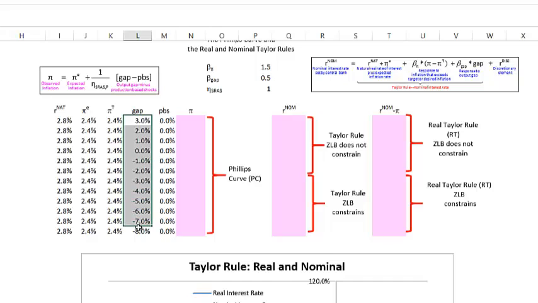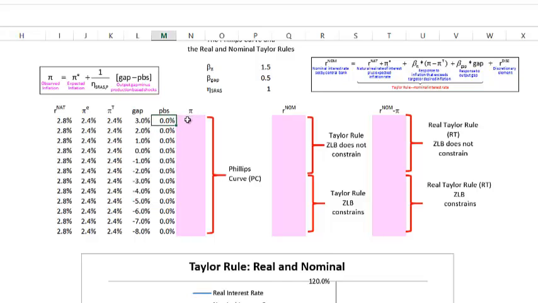Now here we have a range of output gaps, from a high output gap of 3%, and we go down, down, down, down, to a very low output gap, a negative output gap, a severe economic downturn of minus 8%. And in this column we have shocks to the short-run aggregate supply curve, what we call production-based shocks, PBS, but we're going to keep these constant.